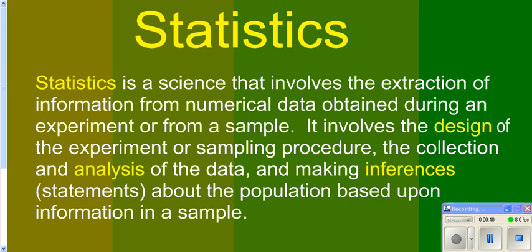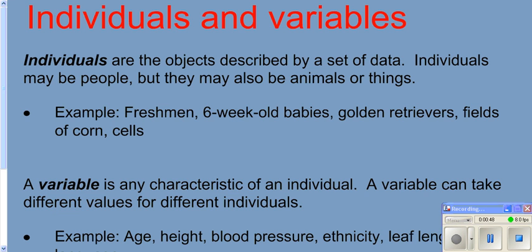Is this going to be describing only the sample that we did, or are we able to generalize this to everybody in the population? Now, individuals. Individuals are basically what you're studying. If they're referred to as people, they're called subjects.